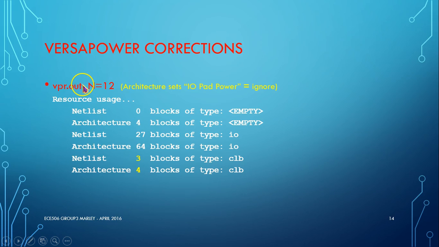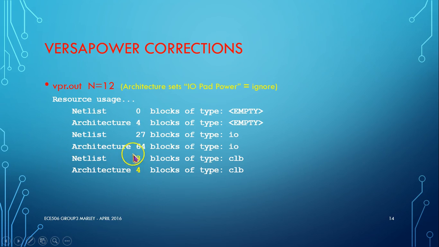I'm looking here in the VPR output for N equals 12, and we should note that the I/O pad power in the architecture is set to ignore. VersaPower will not even count the power for the I/O pads, which is a can of worms by itself, we know. An interesting thing is happening. If you look at the VPR output, the resource usage, you see these block counts here.